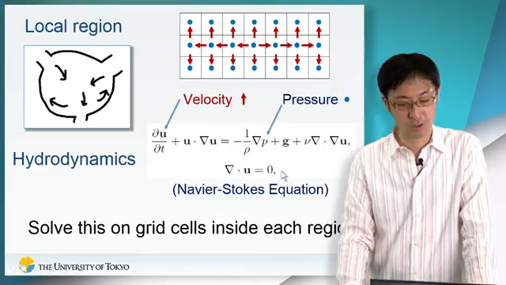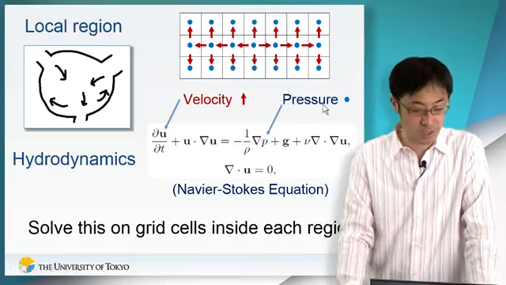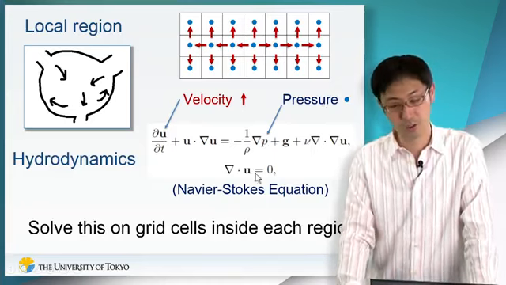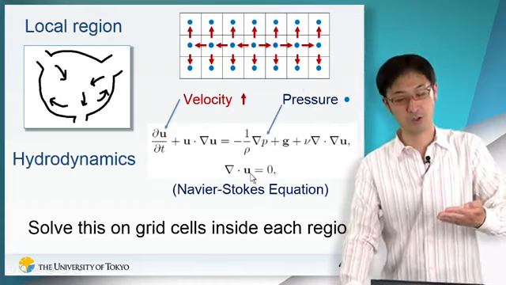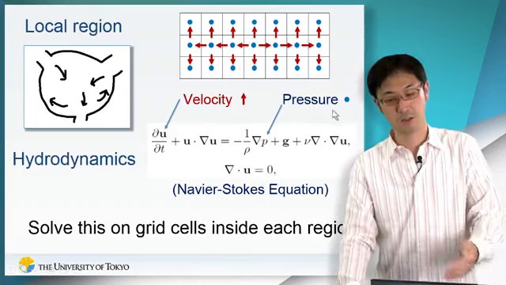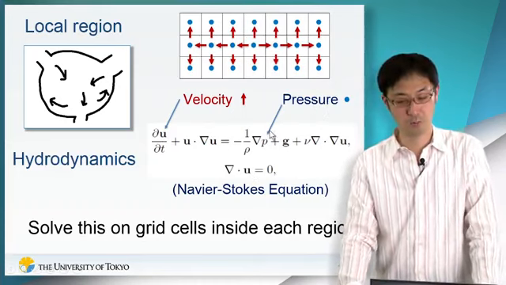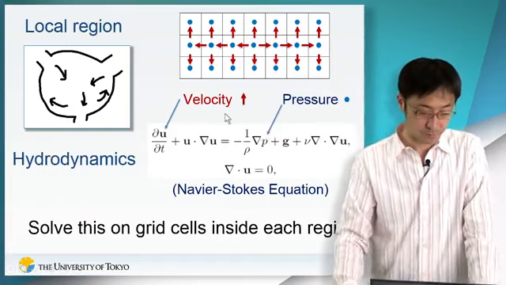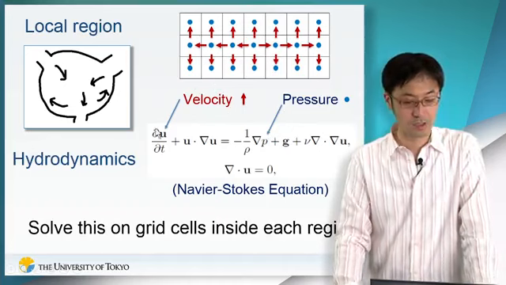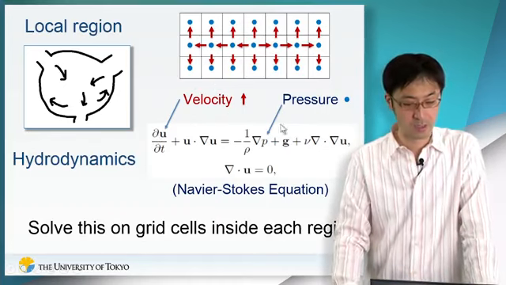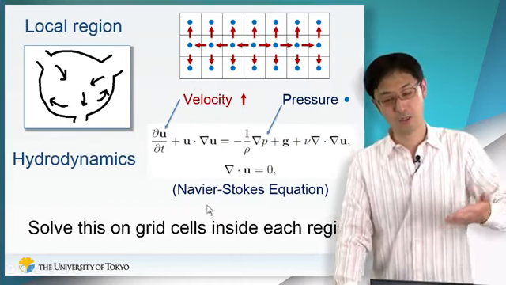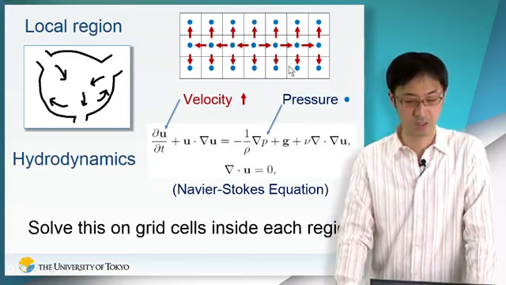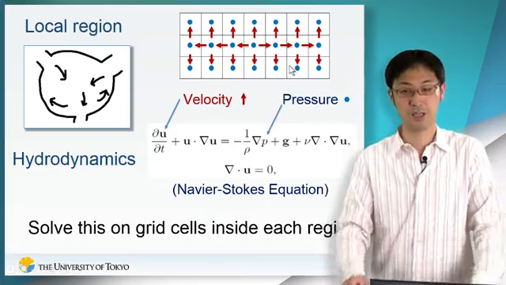This one is a little bit complicated, but essentially it just explains the relationship between fluid velocity and fluid pressure. If there is a huge difference in pressure, it causes velocity and so on. And this step basically just solves this equation at each time step on these grid cells inside each region to get an animation.